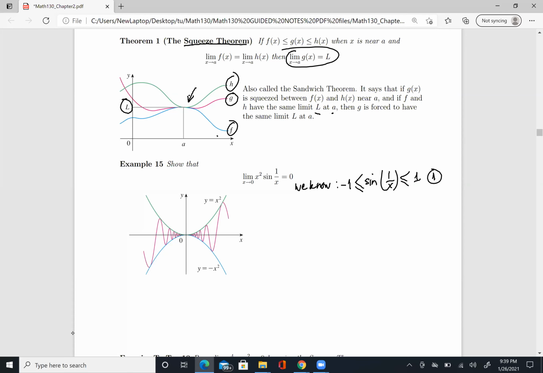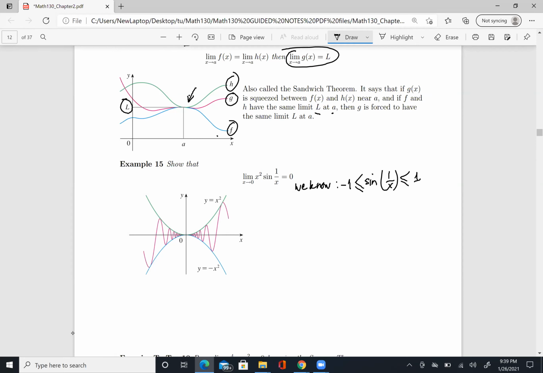Second thing that we also know, since x squared is positive, right?